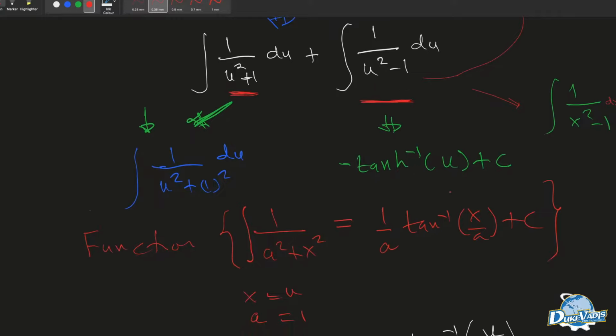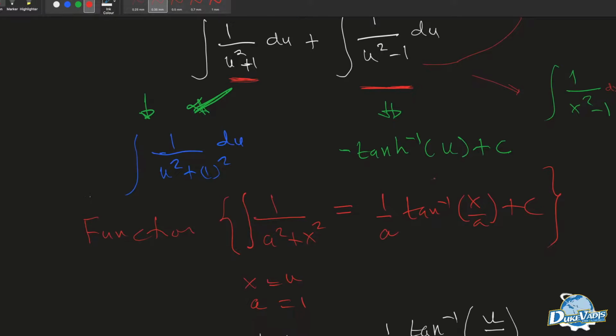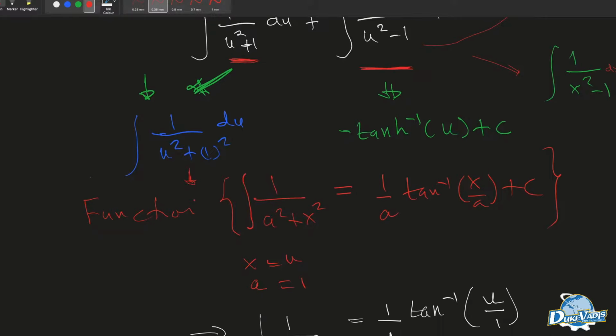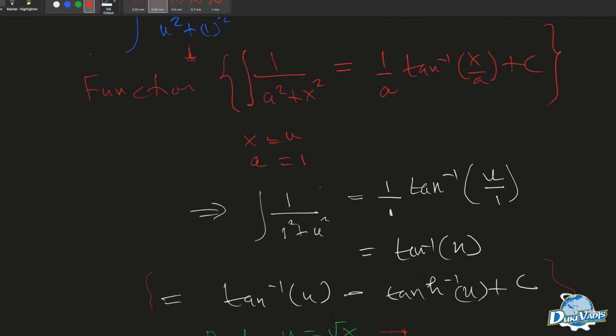Then we also consider this one, using the integral function that says 1 over a squared plus x squared gives us 1 over a tan inverse of x over a plus c. So we apply that as well, and we add this a tan inverse of u.